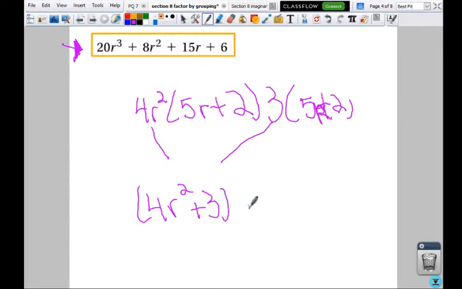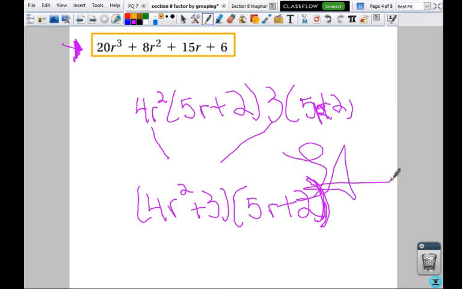So his first parenthesis is 4r squared plus 3. The second is 5r plus 2. Very nice. Your parentheses are a little weird, that's okay.